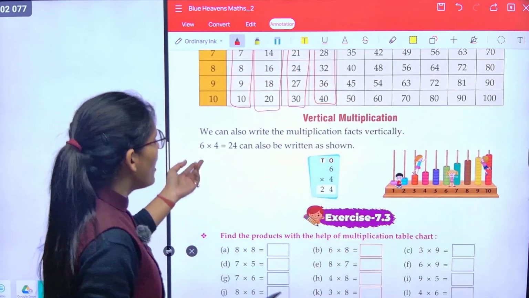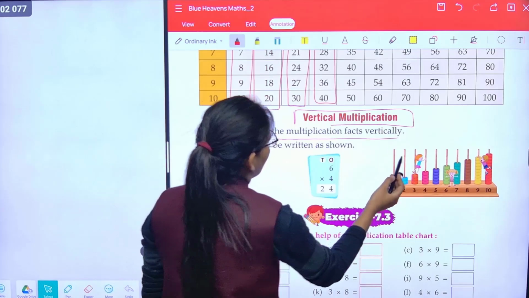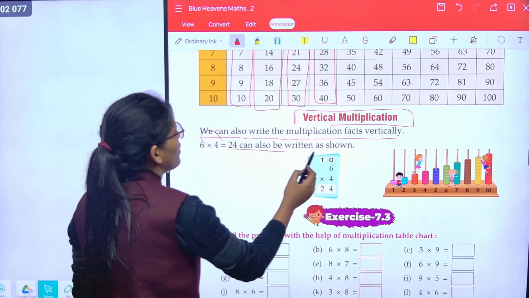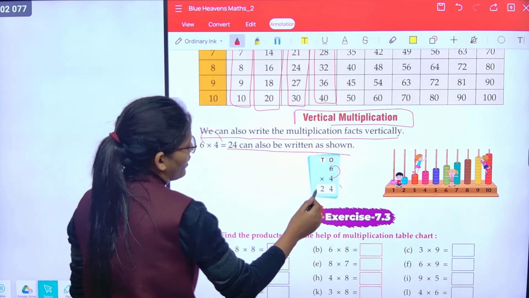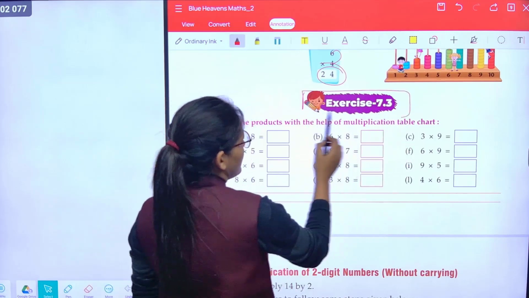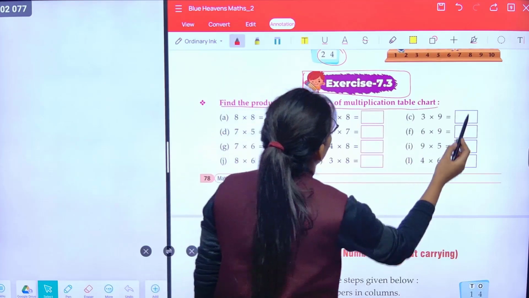Okay, now vertical multiplication. We can also write the multiplication facts vertically. 6 fours are 24 can also be written vertically. Now come to exercise 7.3. Find the products with the help of the multiplication table chart.